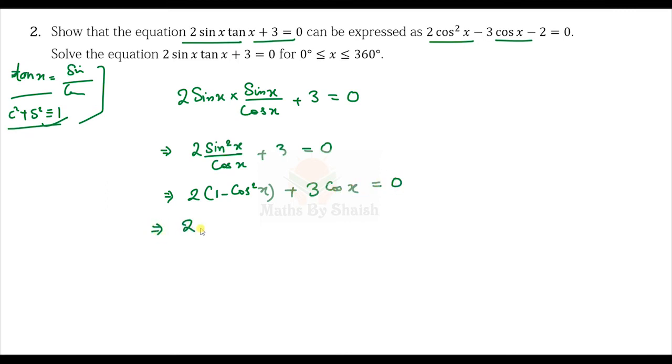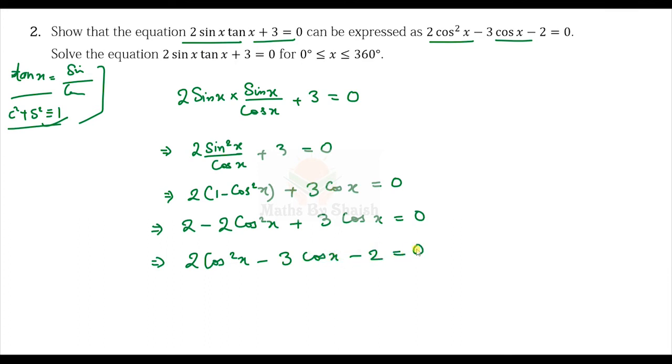Or 2 times 1 is 2, minus 2 cos squared x, plus 3 cos x is equal to 0. We can send all the things to the right hand side, and we get 2 cos squared x minus 3 cos x minus 2 is equal to 0. So it is expressed in this form.